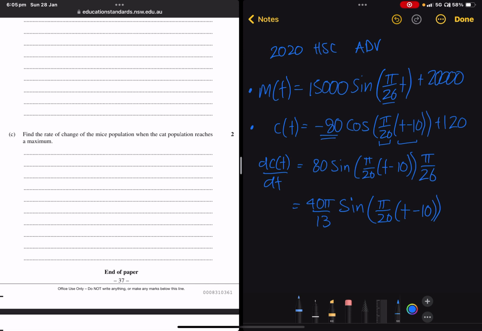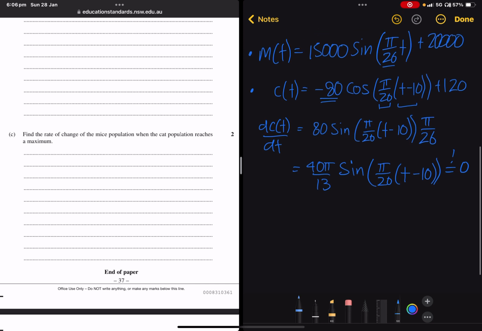Now for the cat population to reach a maximum, we need the derivative here to be equal to 0. So let's solve this. This is sine of pi on 26 times (t minus 10) is equal to 0. Now when is sine equal to 0? Sine is equal to 0 at 0, pi, and 2 pi.